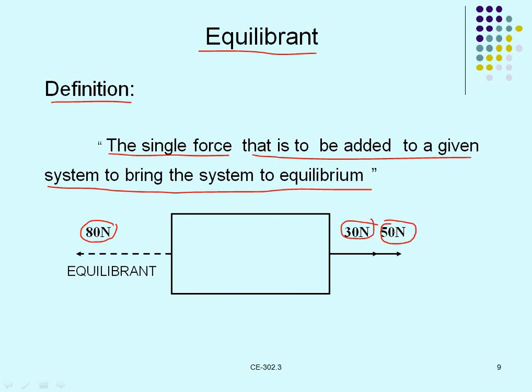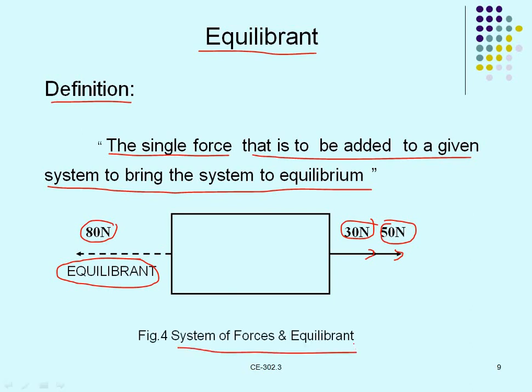So 30 plus 50 is 80, whereas here only the 80 newtons was there. When 13 newtons was acting at one point and 15 newtons at another point, these loads represent equilibrium. So these are also systems of forces in equilibrium.